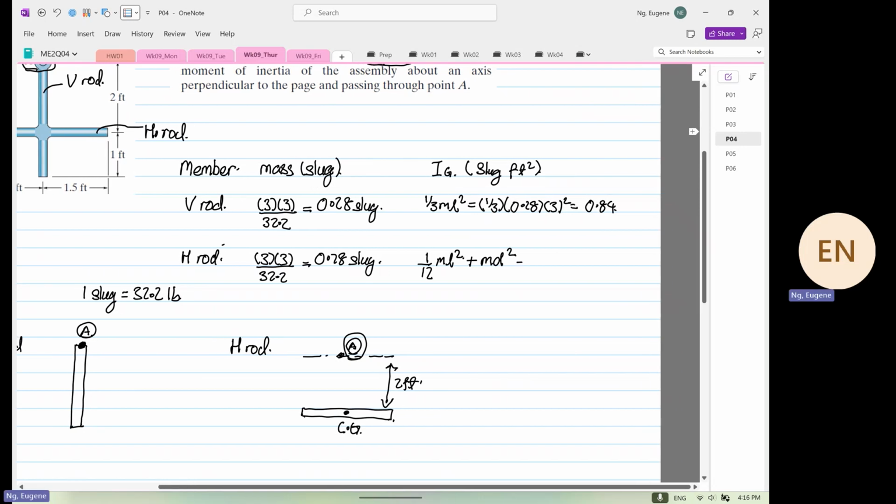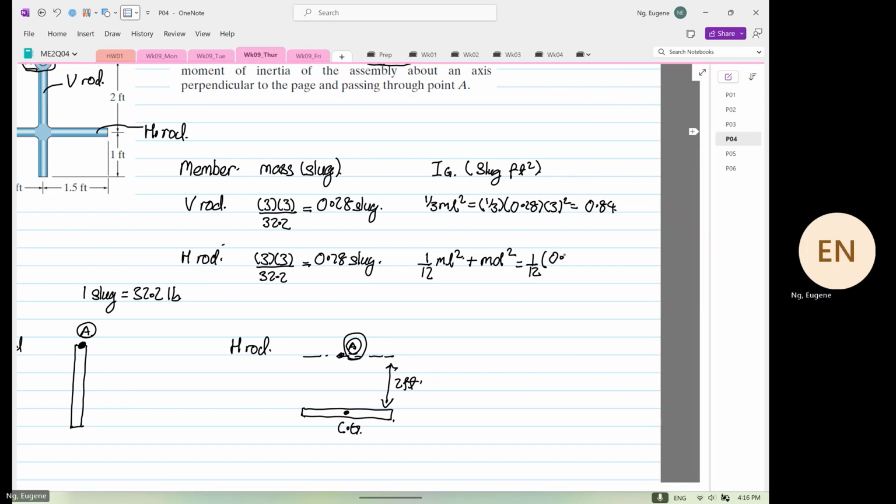Now this becomes 1/12 multiplied by 0.28 multiplied by the length 3 squared, plus the mass of 0.28 multiplied by the distance of 2 feet, squared also. So this is 1/12 times 0.28 times 3 times 3 plus 0.28 times 2 times 2, which is 1.33.